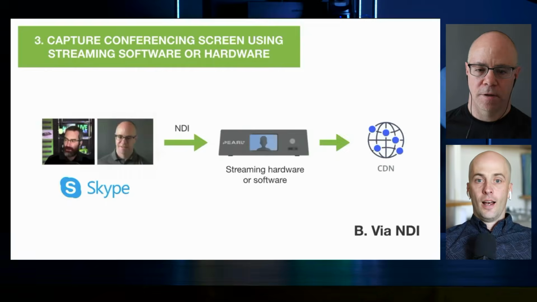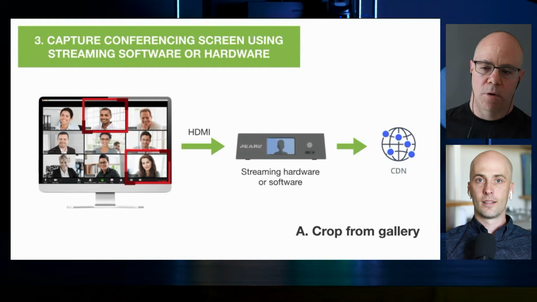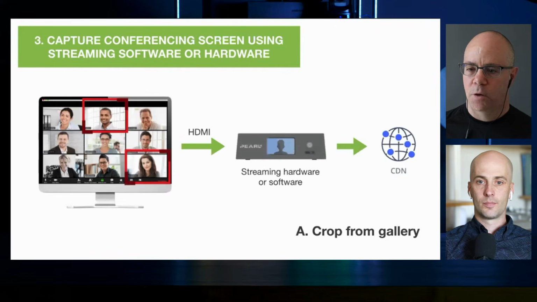The other thing, I was going to just say one more thing here, is as you crop from this gallery, you are losing a little bit of quality in two ways. One, you're getting whatever compression Zoom decides to apply to each of these participants in the feed that it provides. And that gallery view is going to be fed then to you, and you're cropping from that.